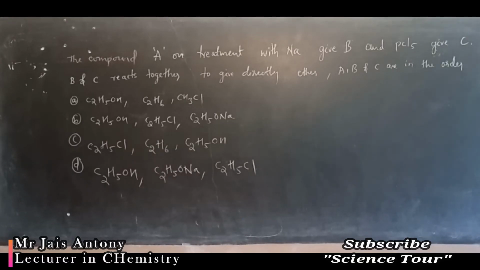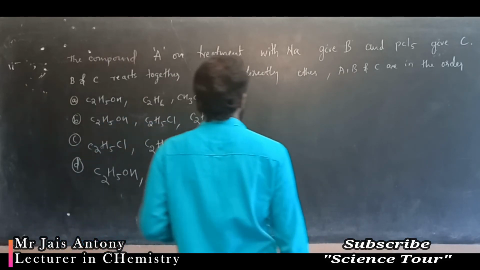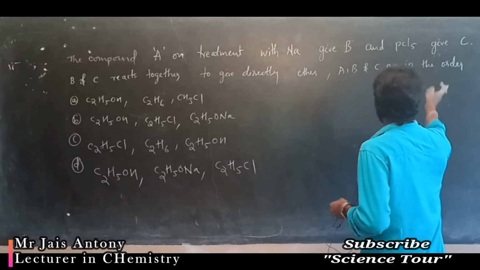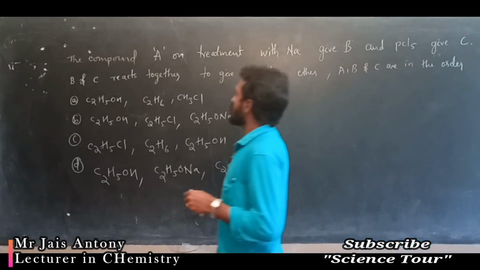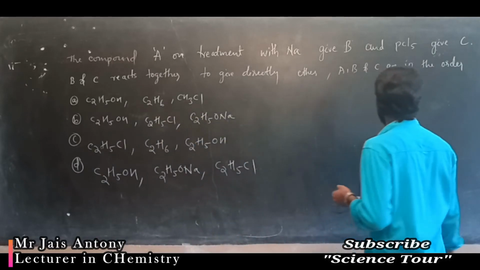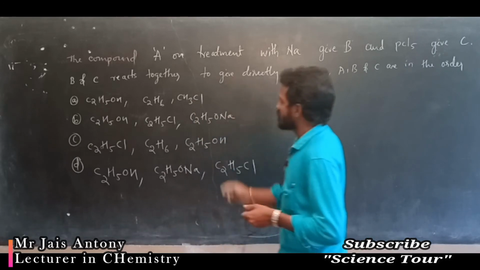Okay, dear students, this question appeared in the last paper. Compound A on treatment with sodium gives B, and with PCl5 gives C. B and C react together to give diethyl ether. A, B and C are in which order? You have to find out A, B, C. That I will write.